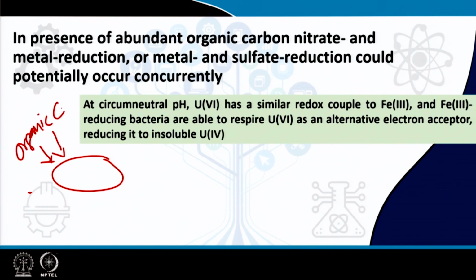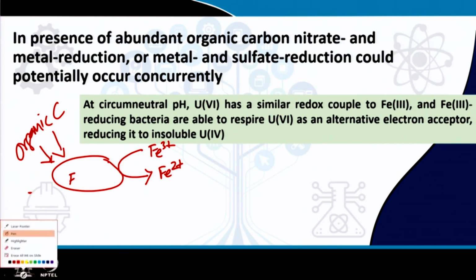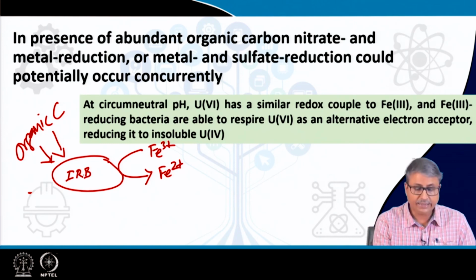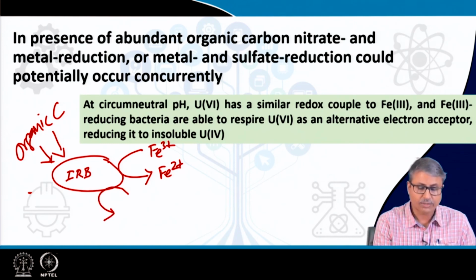So, if you have sufficient organic carbon, what is the job of organic carbon here, that we will see. The iron will be reduced. So, Fe3 will be reduced to Fe2, plus many of these bacteria which we called iron reducing bacteria, commonly they are called IRB, iron reducing bacteria, they will also reduce uranium.